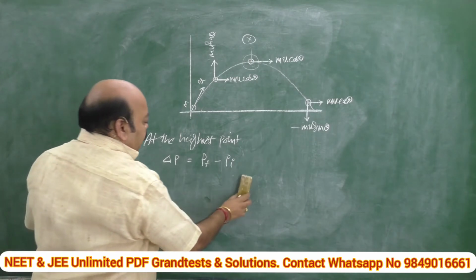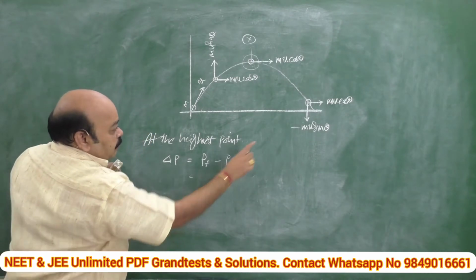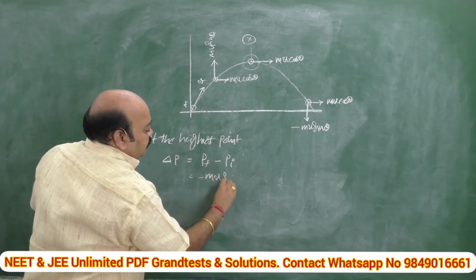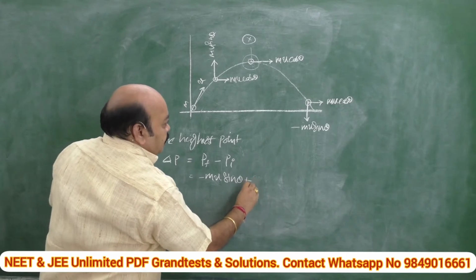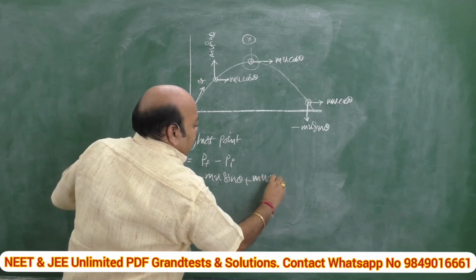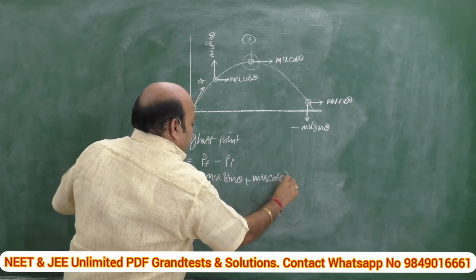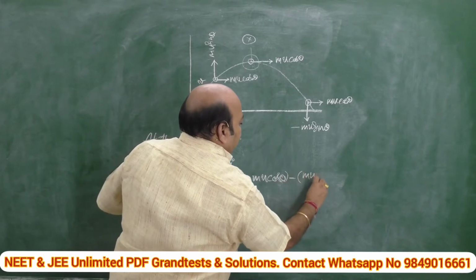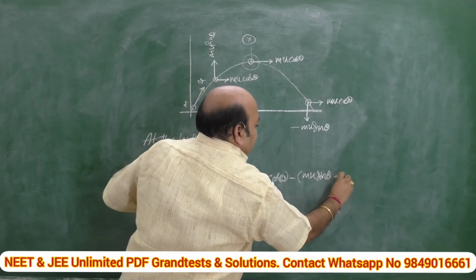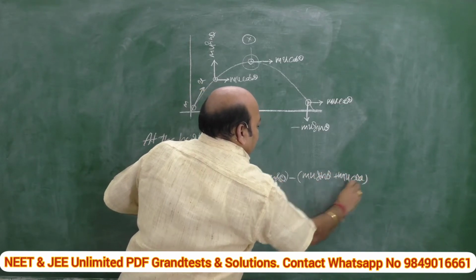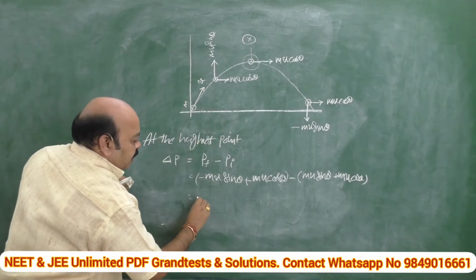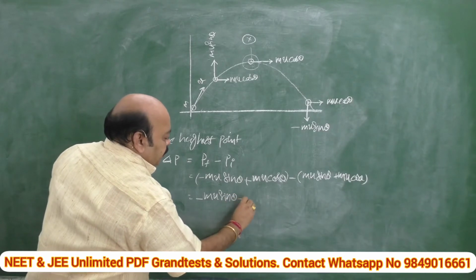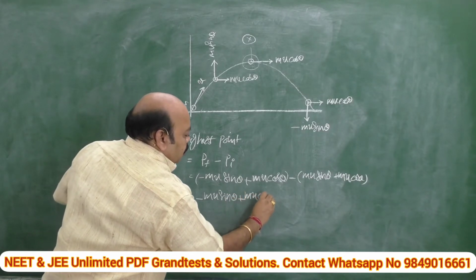What is the change in momentum? The final momentum is minus mu sin theta plus mu cos theta. This is final momentum minus mu sin theta plus mu cos theta. This is initial momentum. See, after calculation we have mu sin theta plus mu cos theta.